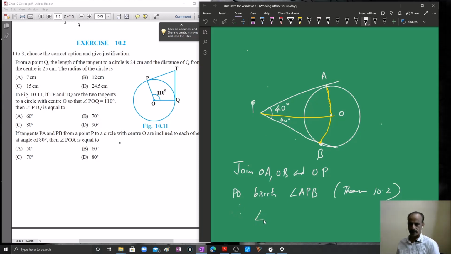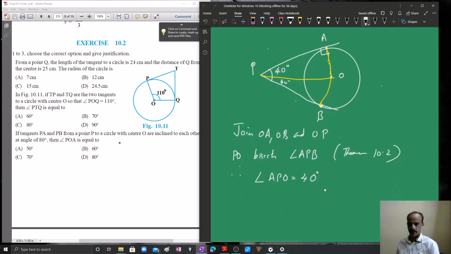Therefore, angle APO is equal to 40 degrees. Further, angle PAO is equal to 90 degrees. Reason: theorem 10.1, that is, the tangent is perpendicular to the radius.